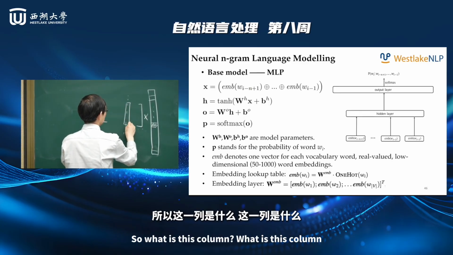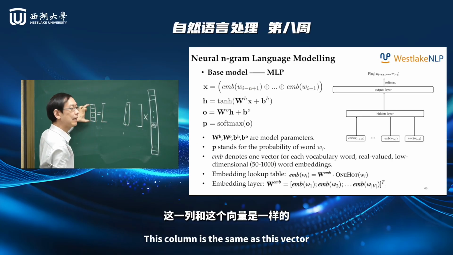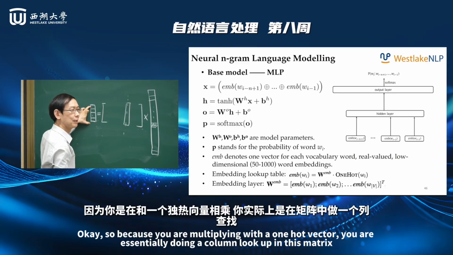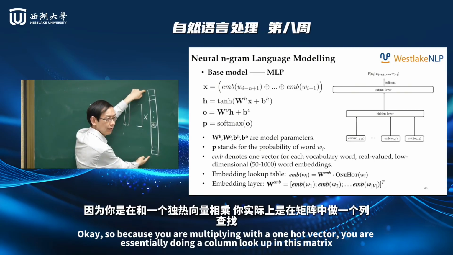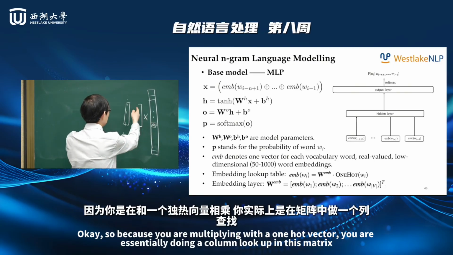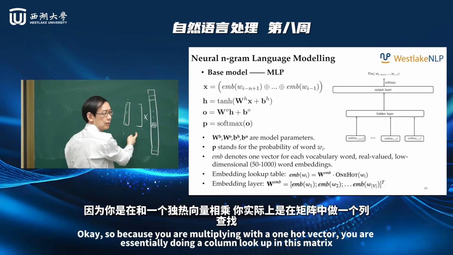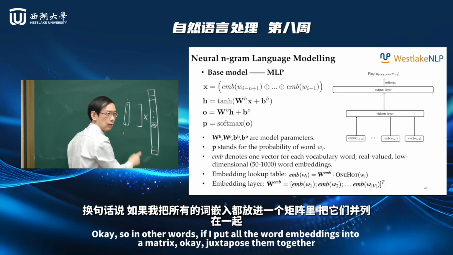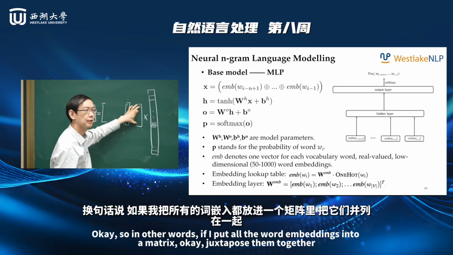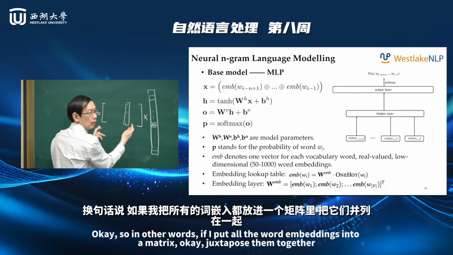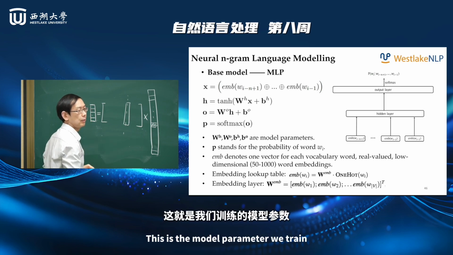This column is the same as this vector. Because you're multiplying with a one-hot vector, you're essentially doing a column lookup in this matrix. So in other words, if I put all the word embeddings into a matrix, juxtaposed together, this is the model parameter we train.